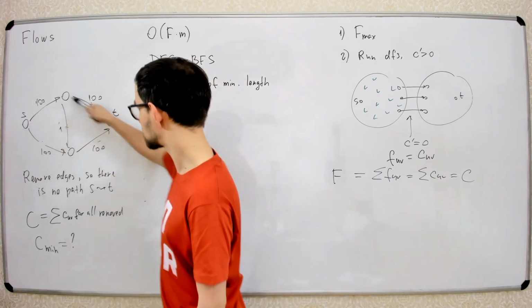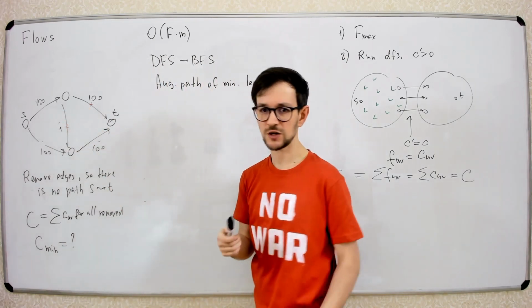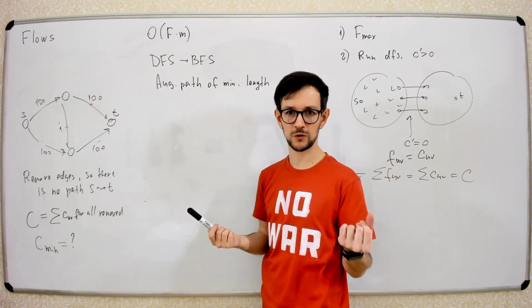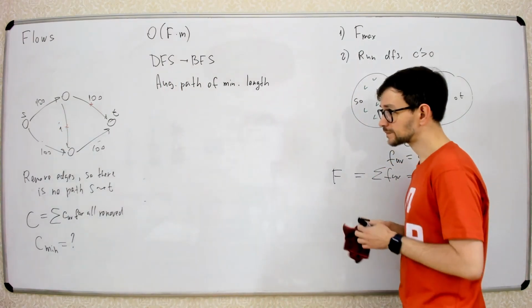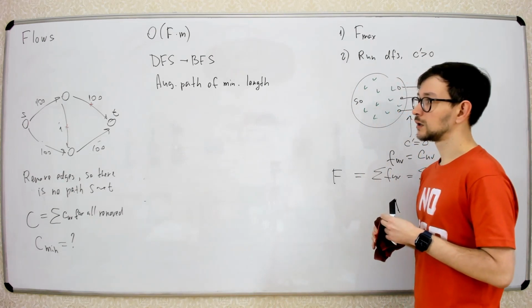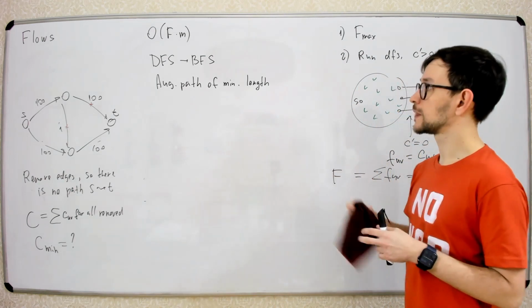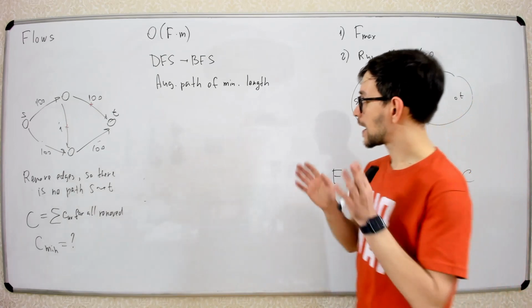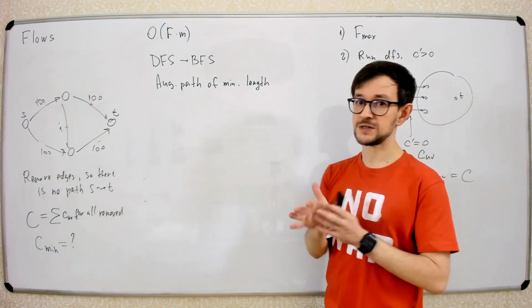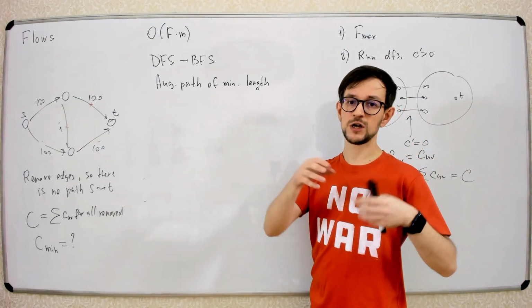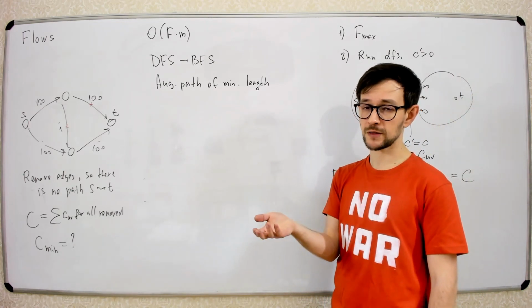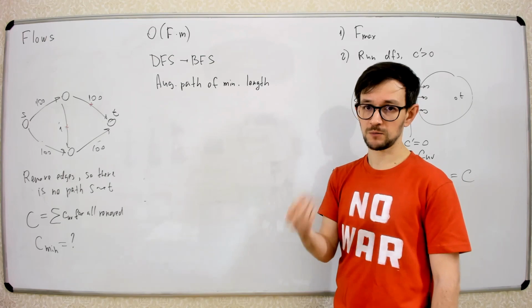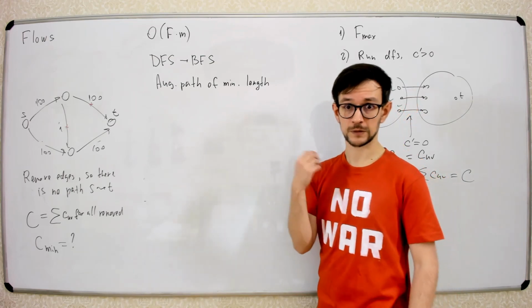We will find these two paths and in just two steps we will find the maximal flow. So it kind of makes sense. Okay, let's prove it. I want to prove that if I replace DFS with BFS, and on each step of my algorithm I find the shortest possible augmenting path, then the time complexity will be polynomial in the size of the graph.